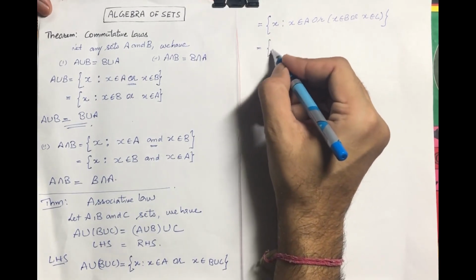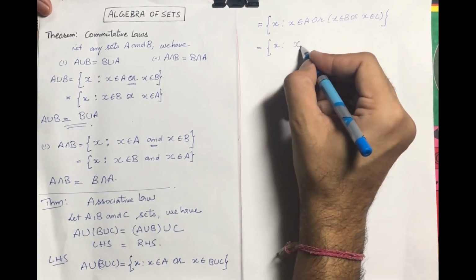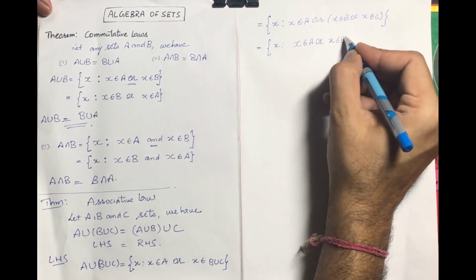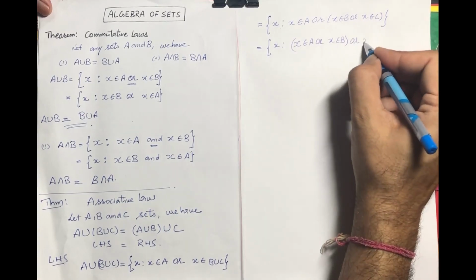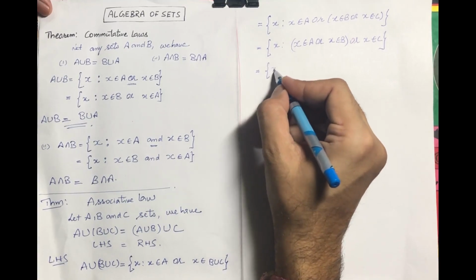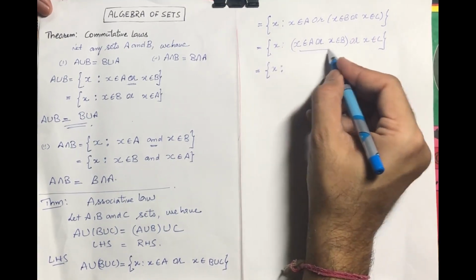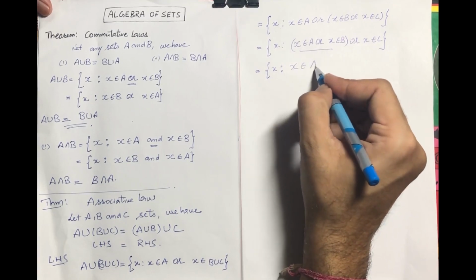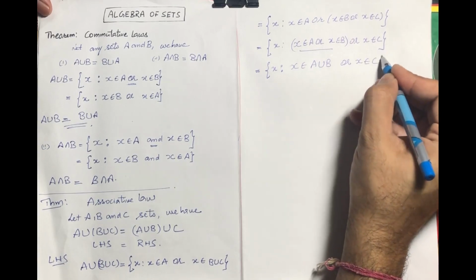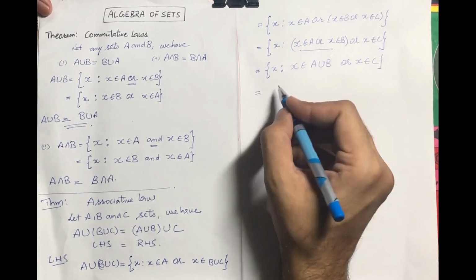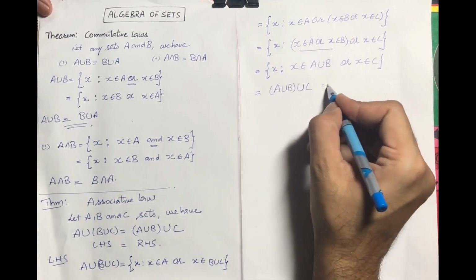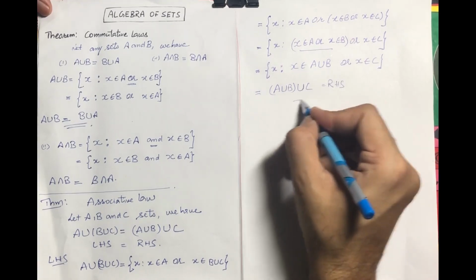This may be written as x belongs to A or x belongs to B, or x belongs to C. By definition this becomes x belongs to A union B or x belongs to C. Again by definition this becomes (A union B) union C, which is the right hand side, hence proved.